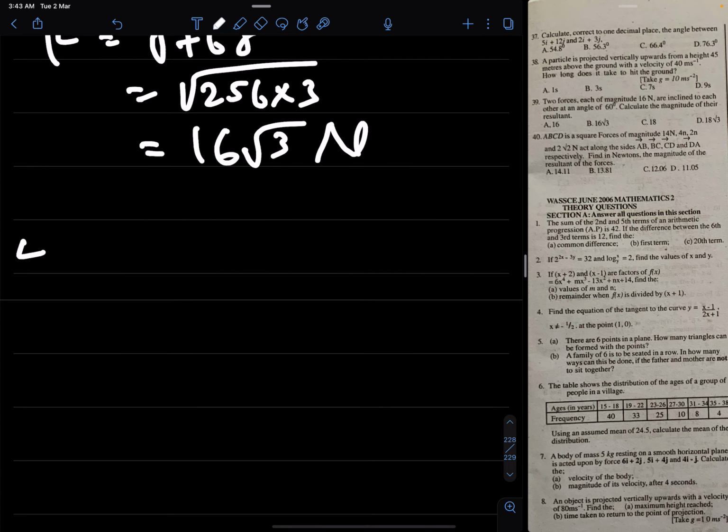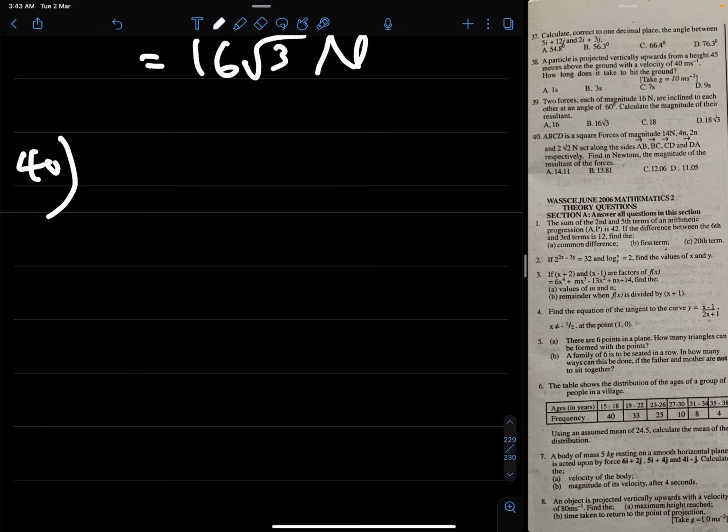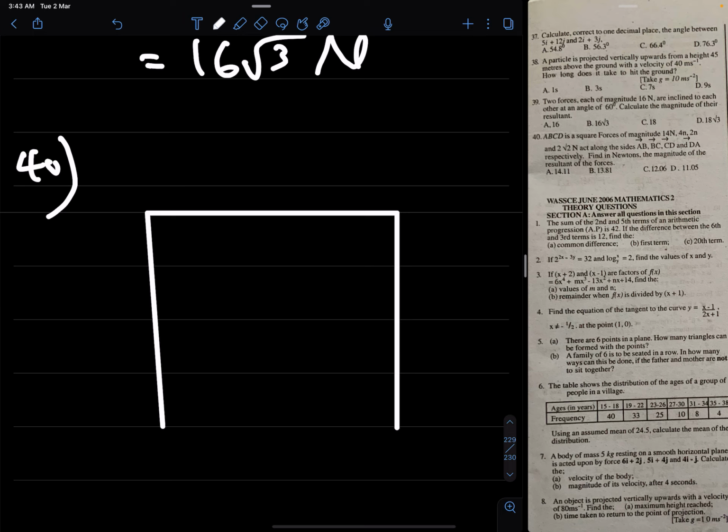Now to the last one, finally. ABCD is a square. Forces of magnitudes 14 newtons, 4 newtons, 2 newtons, and 2 root 2 newtons act along the sides. Let's have a sketch of a square first.